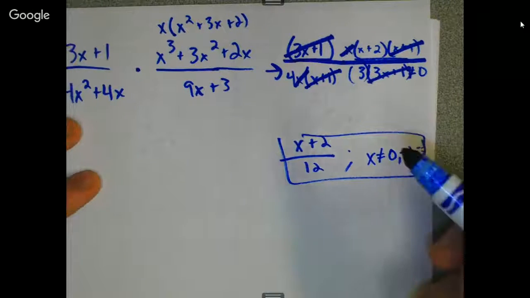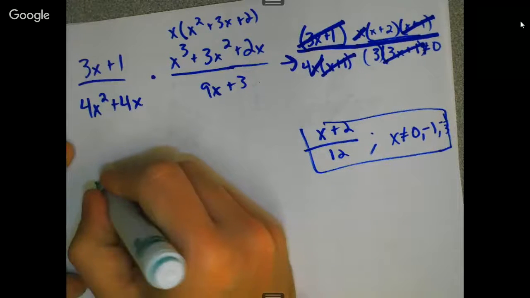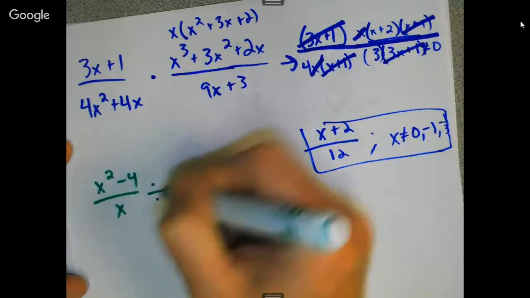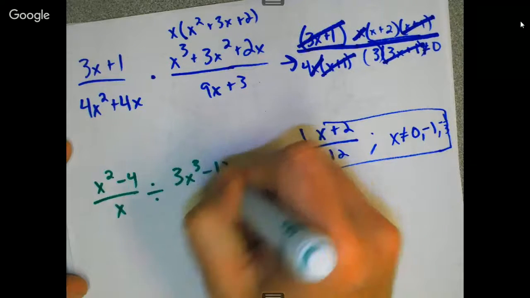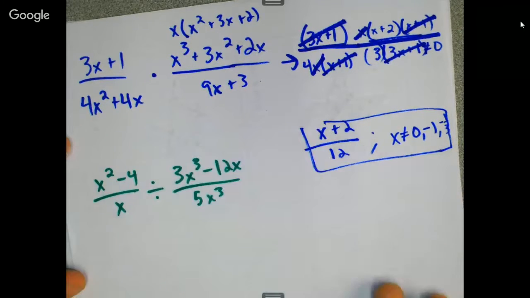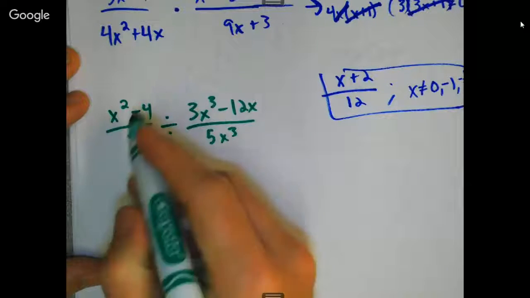Okay, so let's look at dividing. Dividing is very similar, except you're doing a different operation. So it's definitely not the same. Okay, so the first thing is factor out everything. We notice we have a difference of squares here.